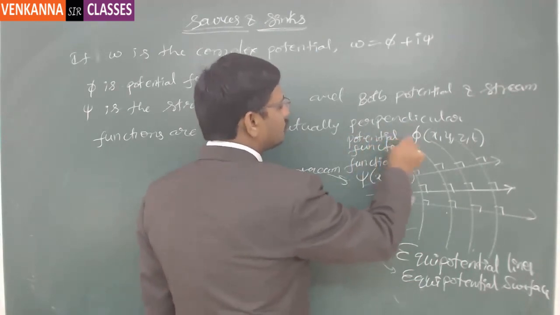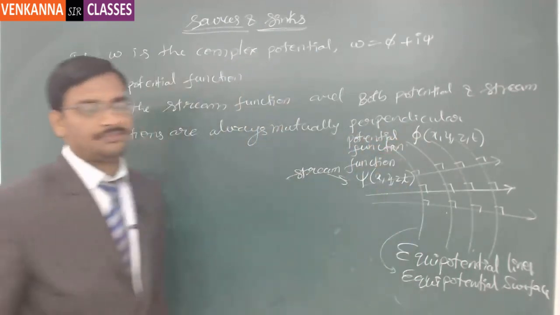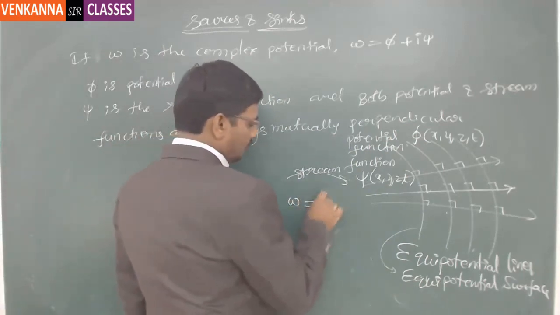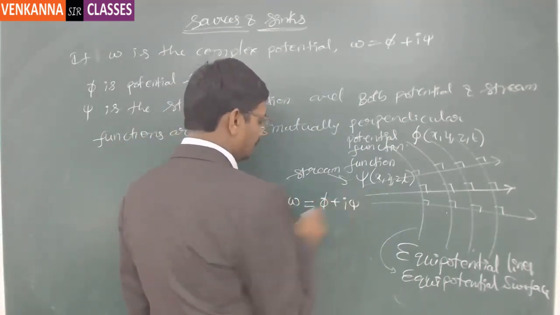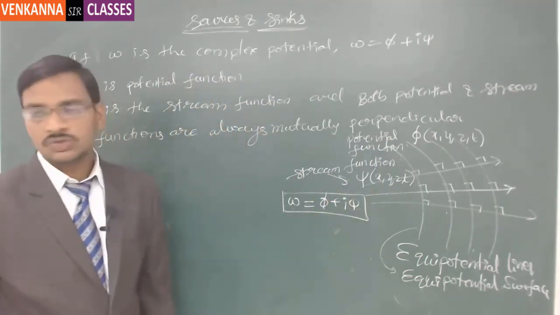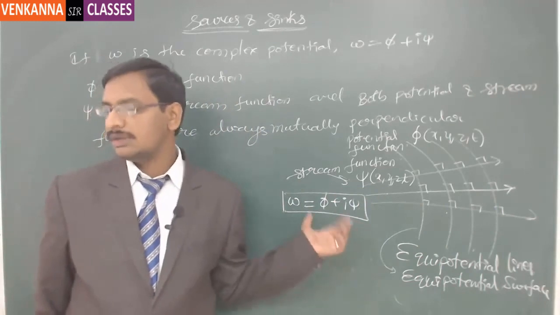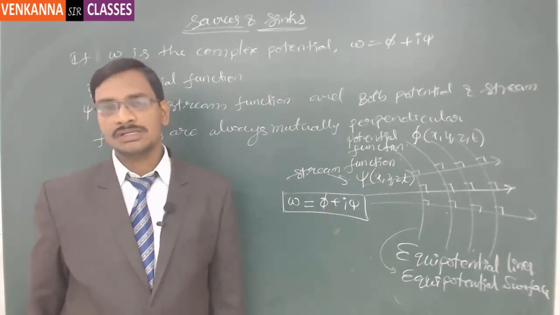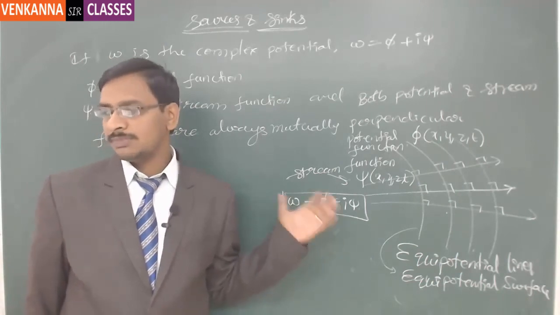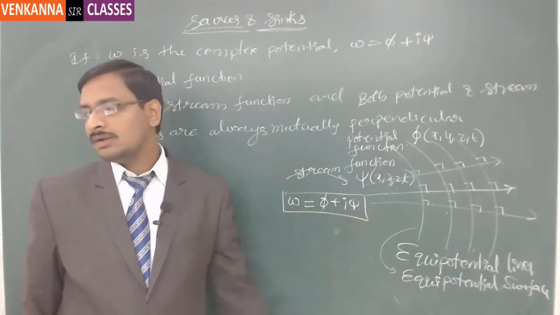These two together always come as a pair, and this pair is represented with W equal to phi plus i psi. So this is the fundamental principle in the entire analysis of sources and sinks and two-dimensional flow in the case of fluids, right? Not only for fluids, the same analysis is applicable wherever there is a potential field.